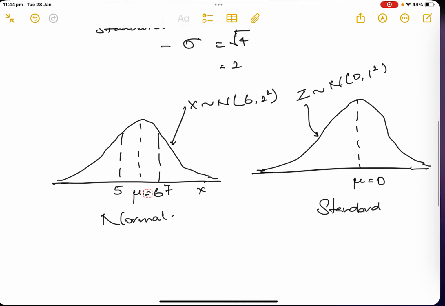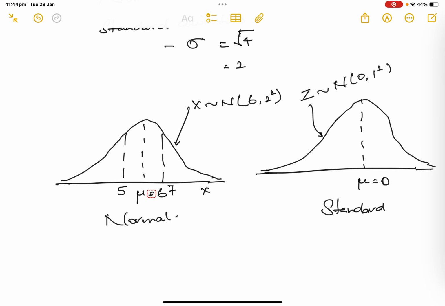What we need to find is X greater than 7. With 6 in the middle, the mu, 1 greater than 6 is 7, and 1 less than 6 is 5.